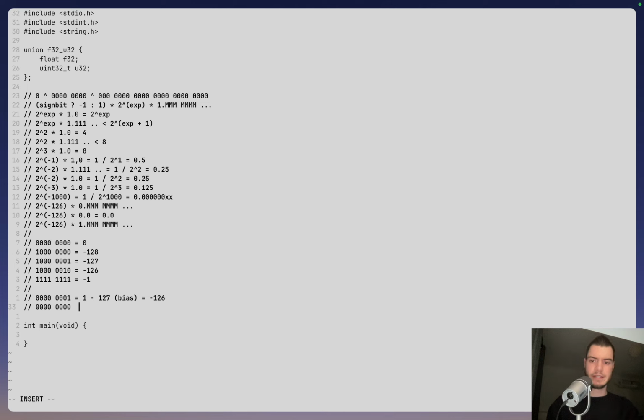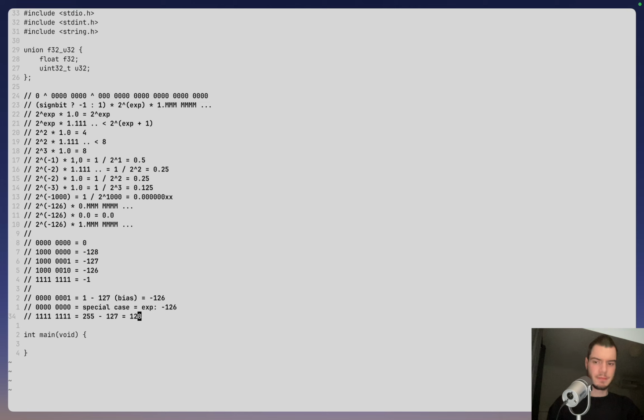And actually, we can find out which value that is. Let me just complete this. There, not quite sure how to write this, but I hope you get this. All right. So on the higher end of our possible exponent values, we have all ones. And that's 255 minus 127. And that's 128.